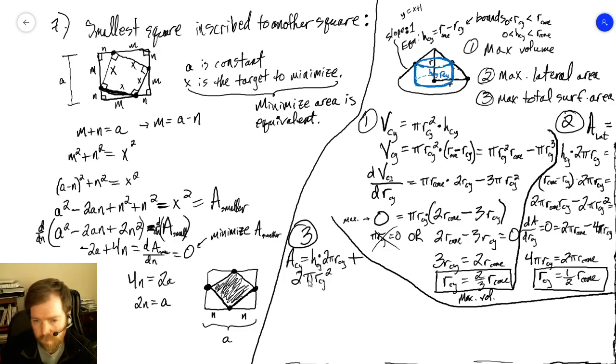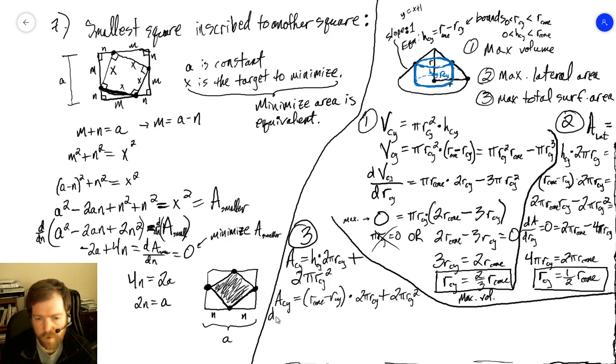And again, we need to trade out h cylinder for the same thing we had here, radius of the cone minus radius of the cylinder, times 2 pi r cylinder plus 2 pi r cylinder squared.